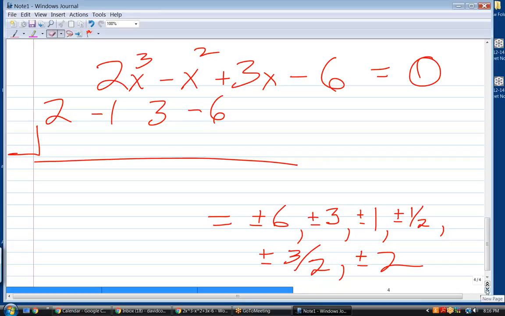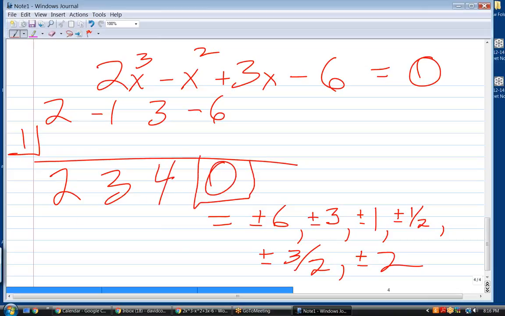And it's hard to see the advantage of why I use synthetic division, but let's say one of these was a solution, okay? Well, what it left down here was the quadratic. In other words, let's say that this is my final. I'm trying one and it gives me this down here.